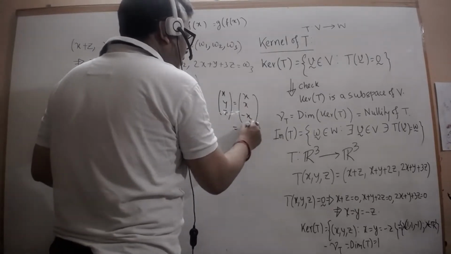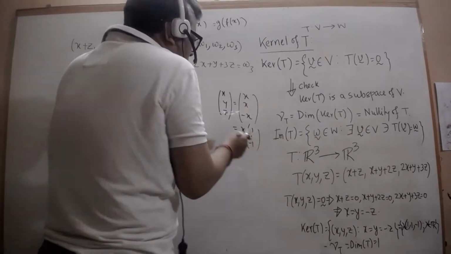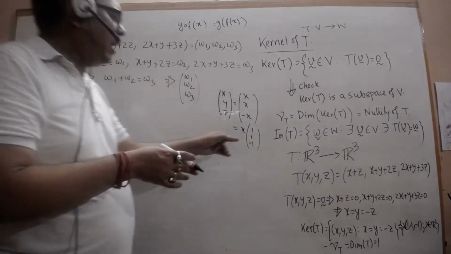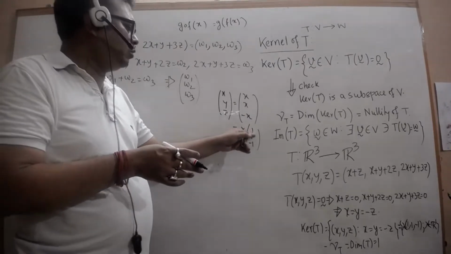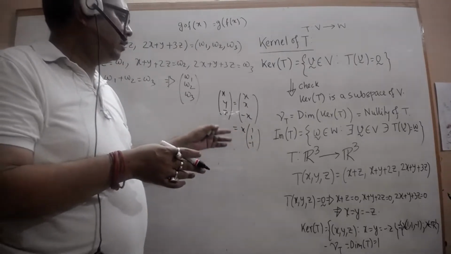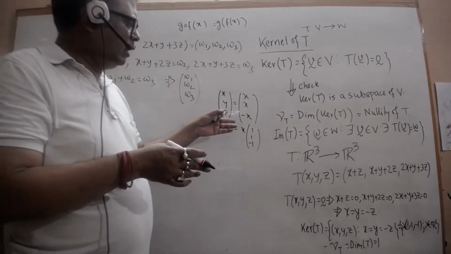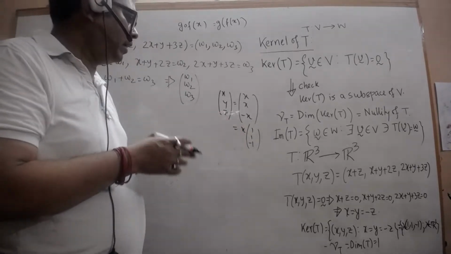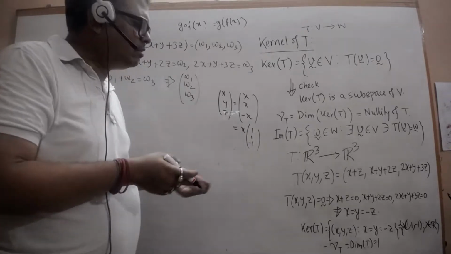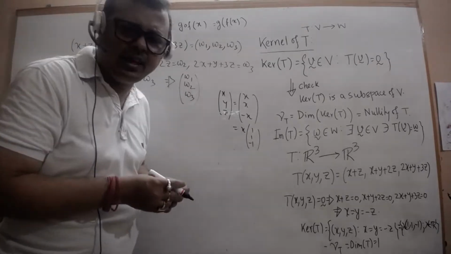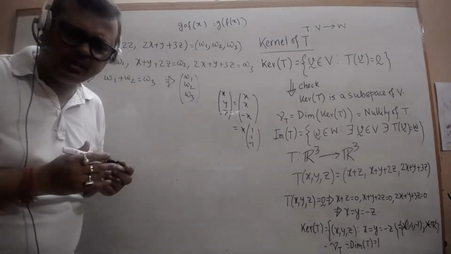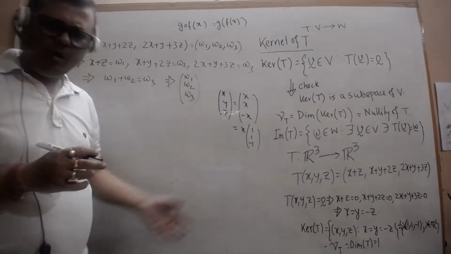So this is x times (1, 1, minus 1). Hence, kernel of T is the space generated by only one vector, that is (1, 1, minus 1). So the basis of kernel of T consists of a single vector, (1, 1, minus 1). Hence the dimension of kernel of T is 1. Dishari, do you understand what I want to say?